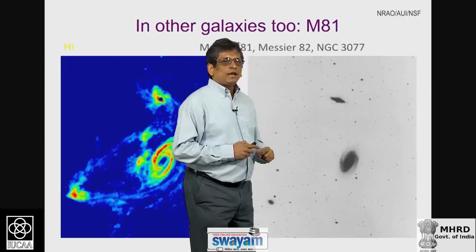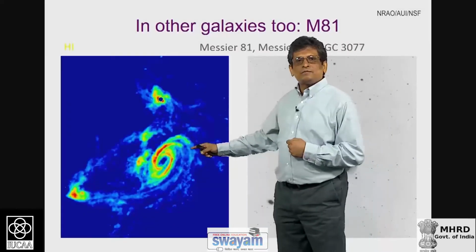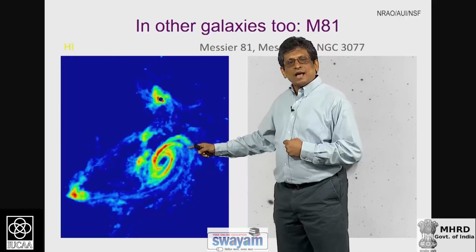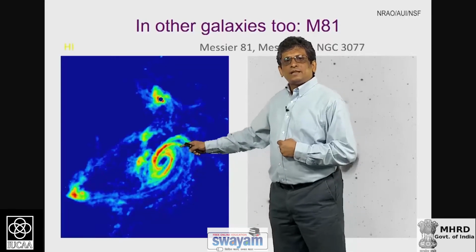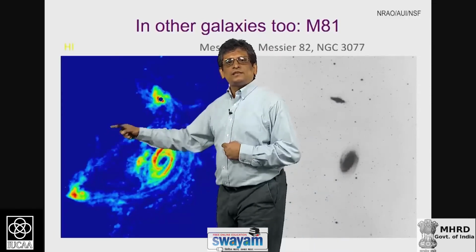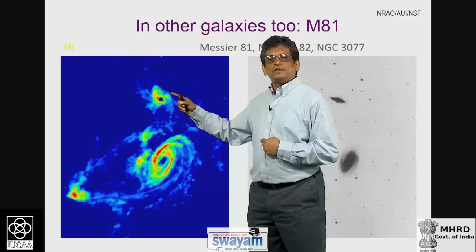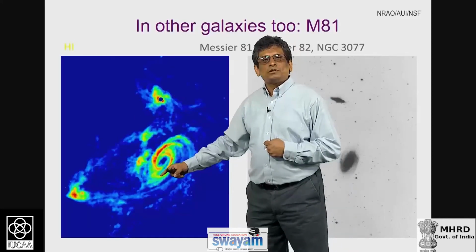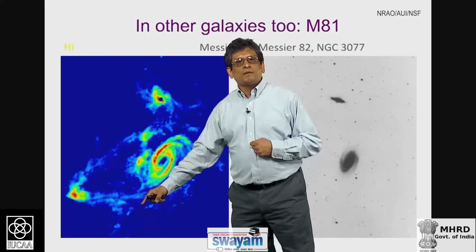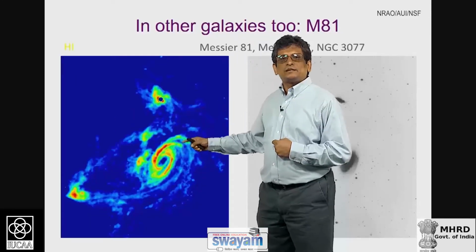But if you look at the other picture, taken in radio, of what is happening to the cold gas in this system, that's M81, that's M82, that's another galaxy, and you can see they're exchanging this gas between three galaxies altogether. So they are all interacting with each other, and gas is being pulled out of M81 by all the neighboring galaxies, and you can see streams connecting them.